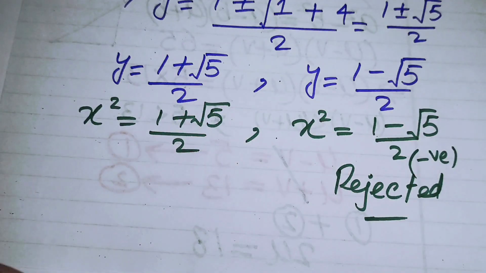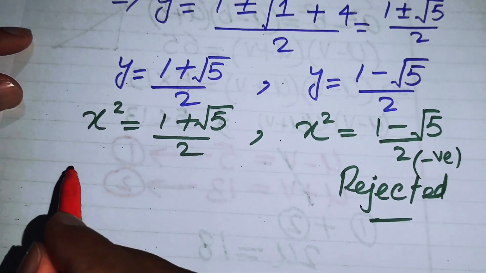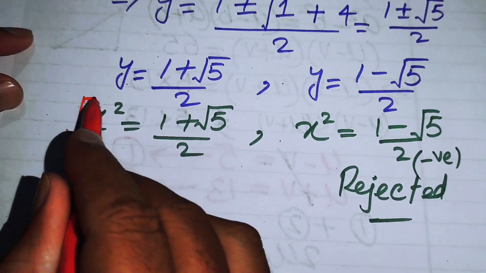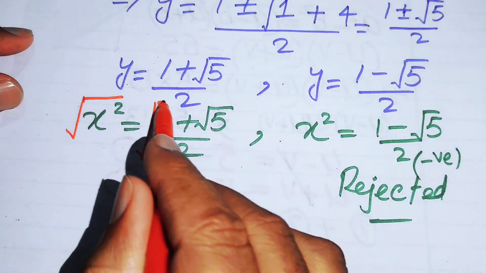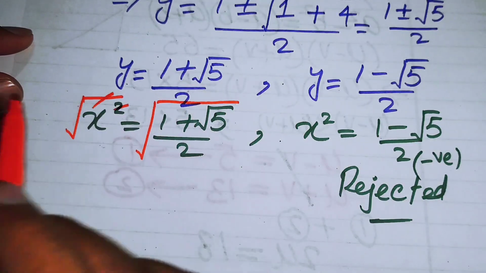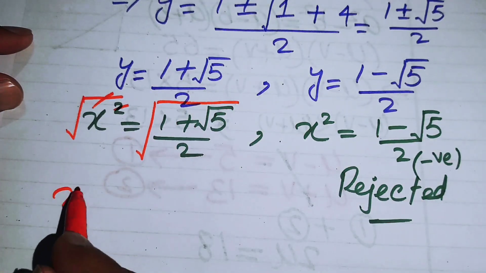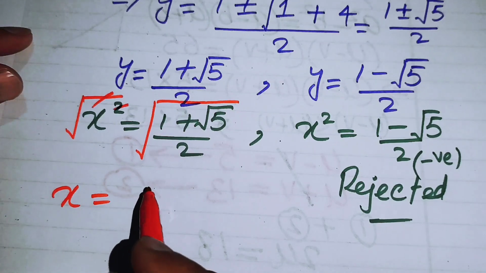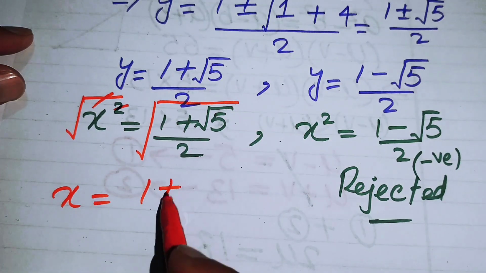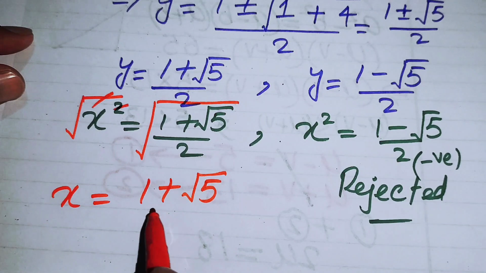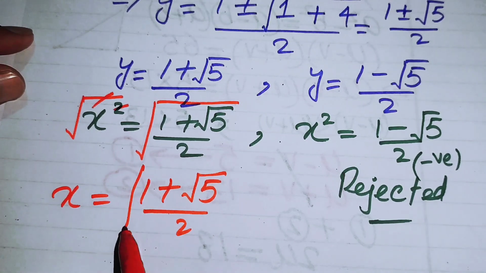So now in this case we will get the value of x squared. In order to find the value of x, here we need to take the square root on both of the sides. So when you take the square root, then it will look like this. So the 2 and square are gone, and here we obtain x equals 1 plus square root of 5 over 2 and its whole square root.